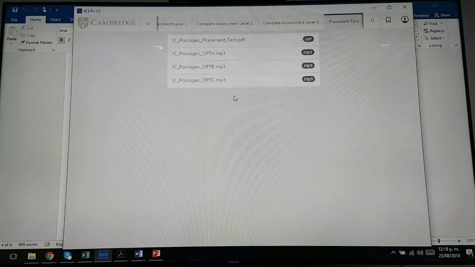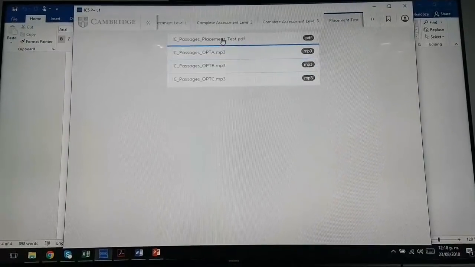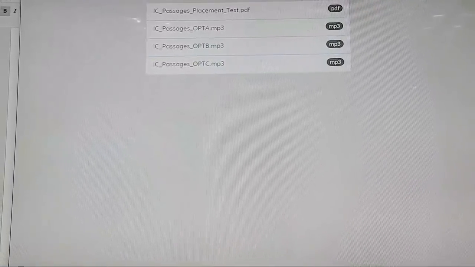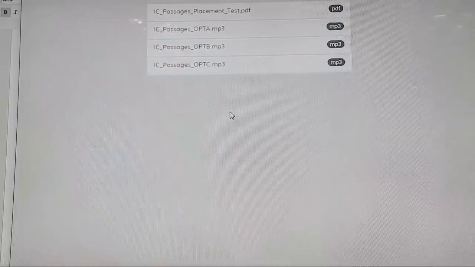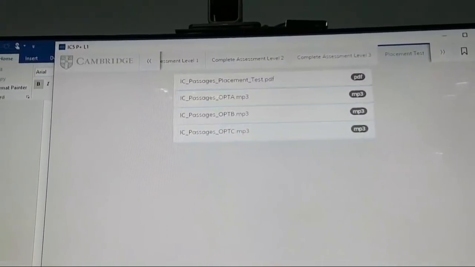Of course, that's an institutional decision, how the assessment process will take place, but rest assured that you have all the components you need for your students to be assessed in an adequate way. So you have the placement test for your students, different levels, and you should be able to administer. It also comes with the audios.